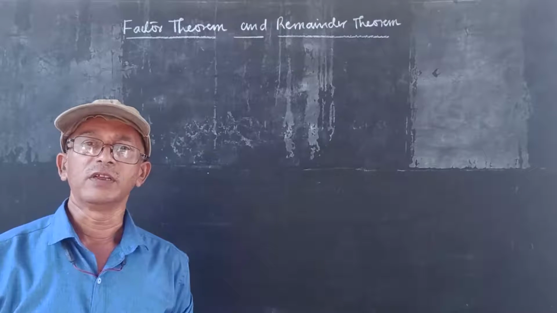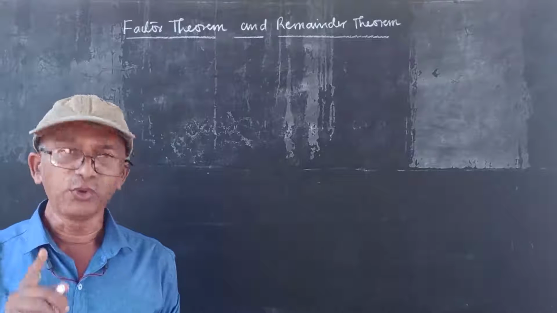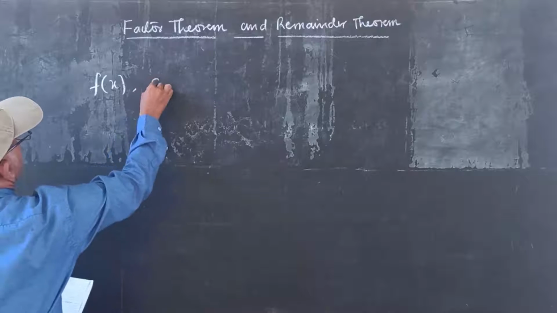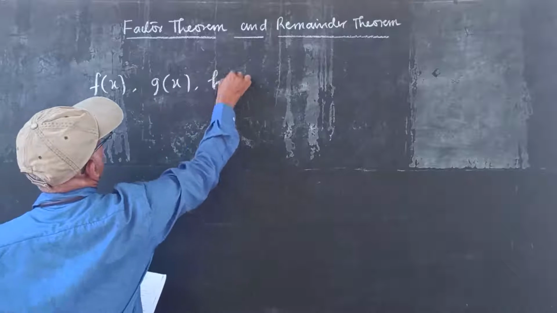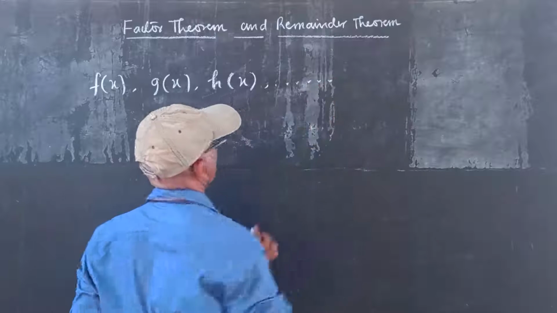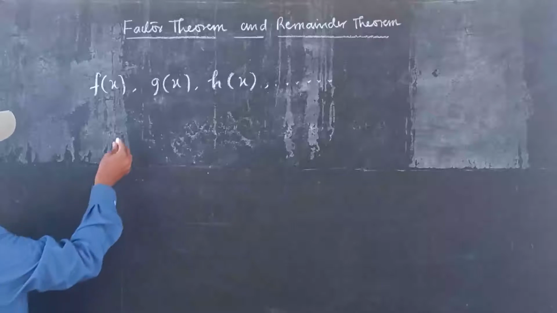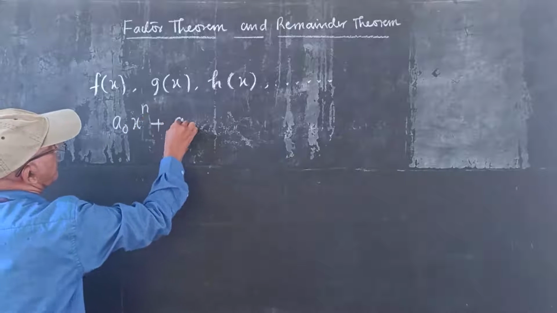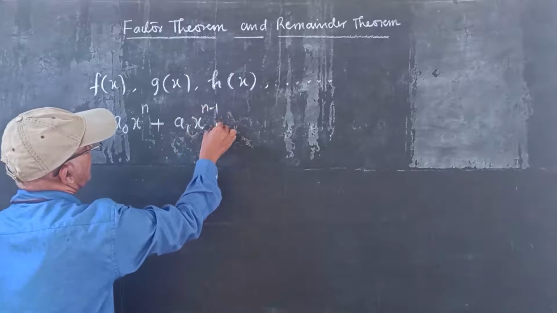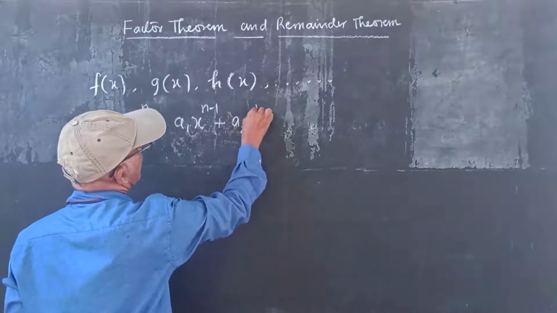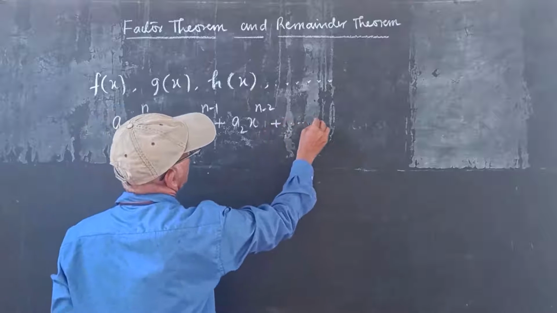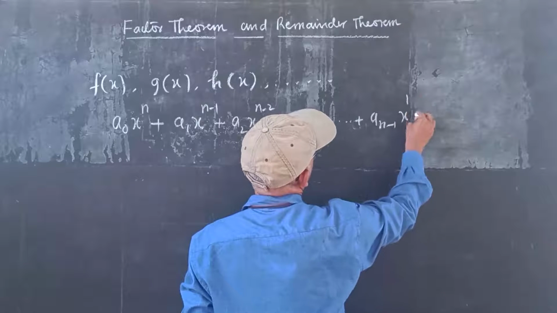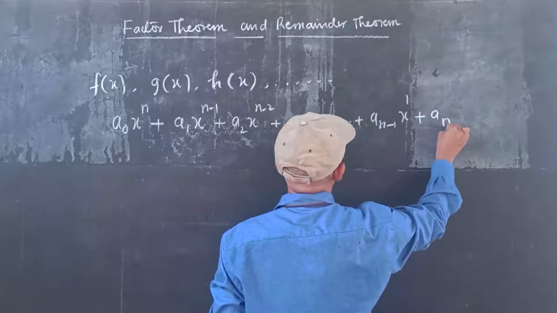The polynomials in the variable x are usually denoted by fx, gx, hx, etc. We already learned an expression. So a naught x to the power of n plus a1 x to the power of n minus 1 plus a2 x to the power of n minus 2 plus an minus 1 x to the power of 1 plus an.